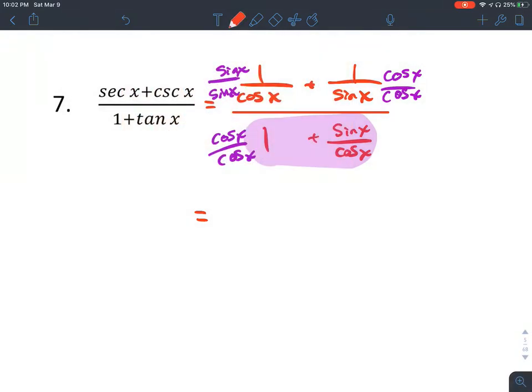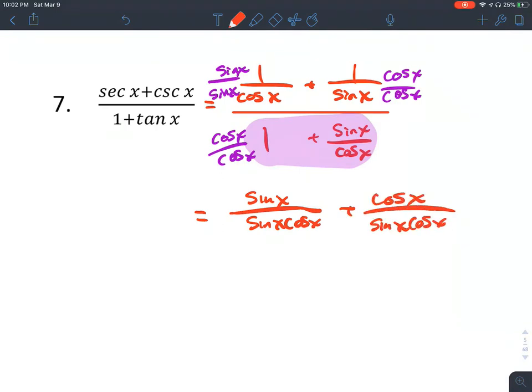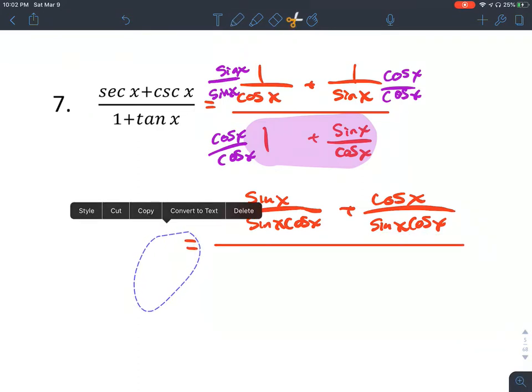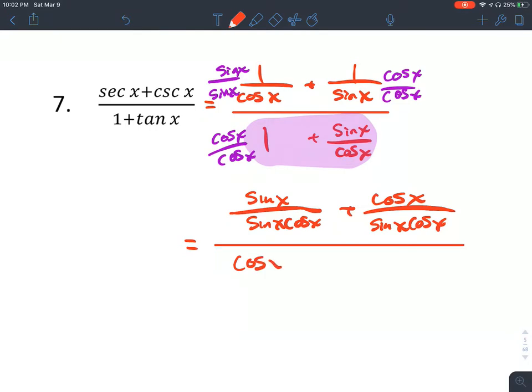So that means my numerator is going to be sine of x over sine of x cosine of x plus cosine of x over sine of x cosine of x. I'm just trying to get common denominators in my numerator, and trying to get common denominators in my denominator.